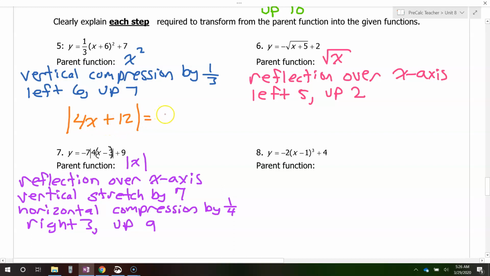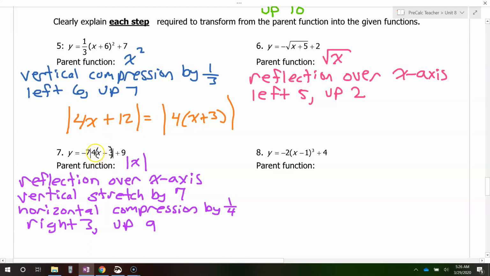So this is really the same thing as 4 times parentheses x plus 3. So in this form, I can see that it's really left 3. It's not left 12, it's left 3. So you have to take out the 4 outside of parentheses before you read it.